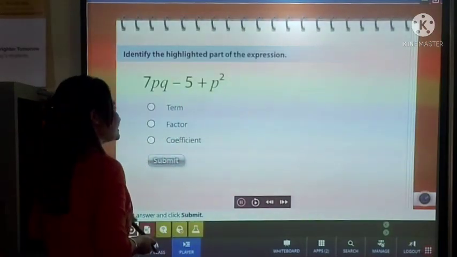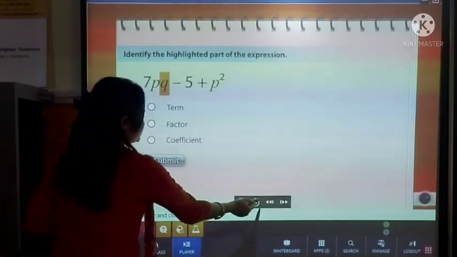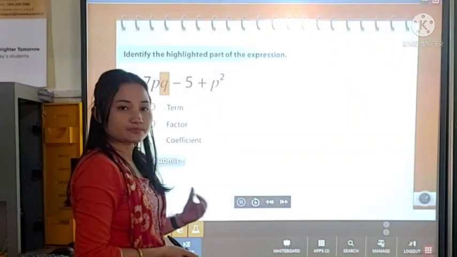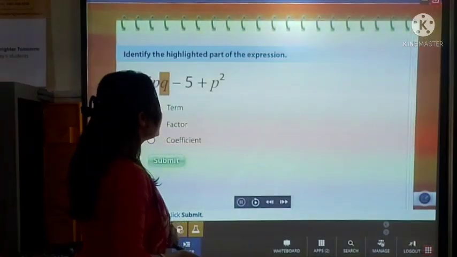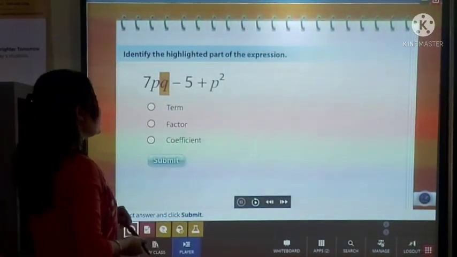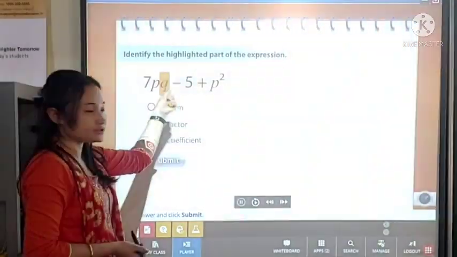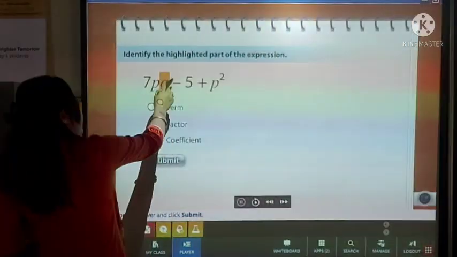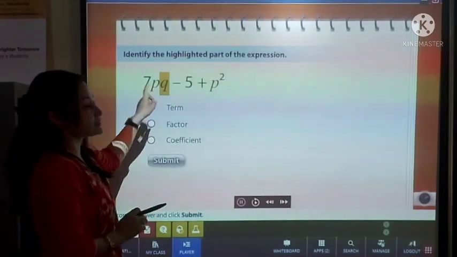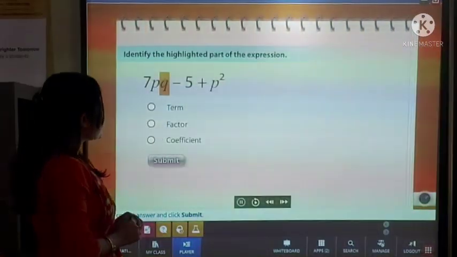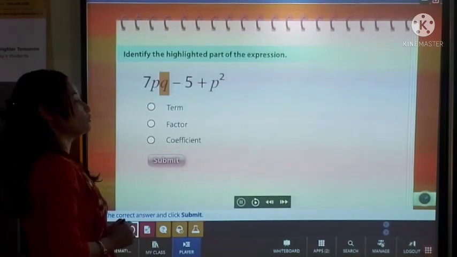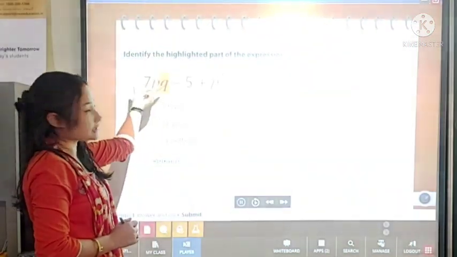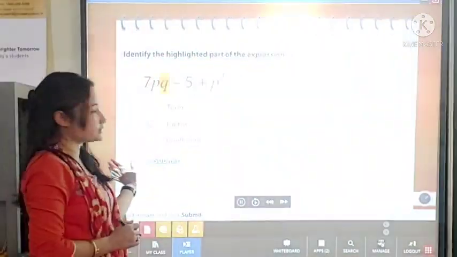Let's try the second question: identify the highlighted part of the expression. Again we need to identify the colored part. Here the expression is 7pq minus 5 plus p square, and the highlighted part is only q. So what is this q: term, factor or coefficient? A term is a whole part of an expression, so this is not a term obviously.